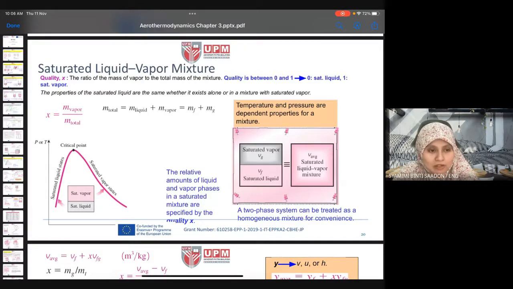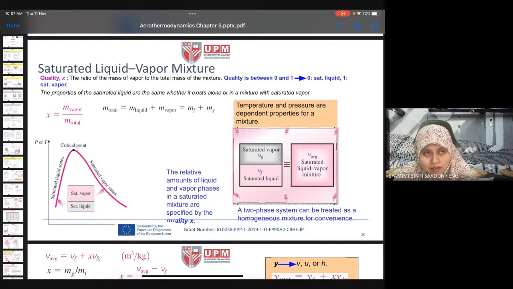The properties of the saturated liquid are the same whether it exists alone or in a mixture with saturated vapor. So the ratio X is the mass of the vapor over the total mass of the substance at that time. That's how we get the quality, or the percentage of the vapor inside the mixture.